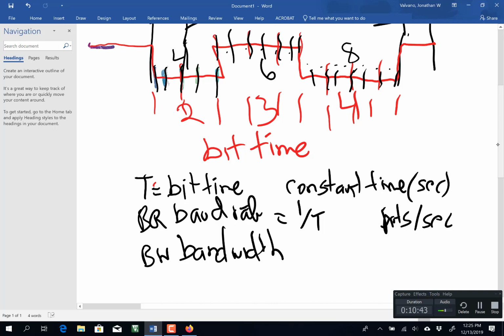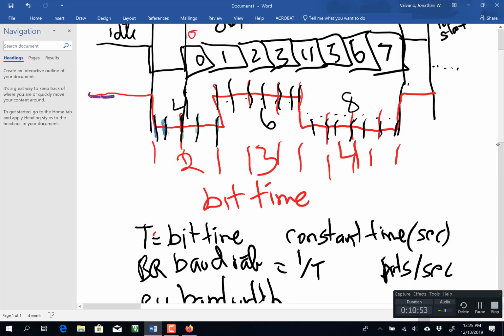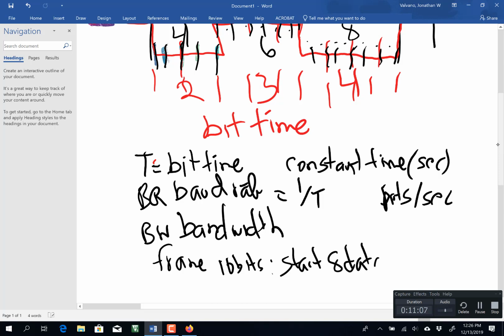If you were to tack on a second frame right after that, you would have a start bit here, packed right together. For every frame, a frame is 10 bits, which includes the start bit, the 8 data bits, and the 1 stop bit.